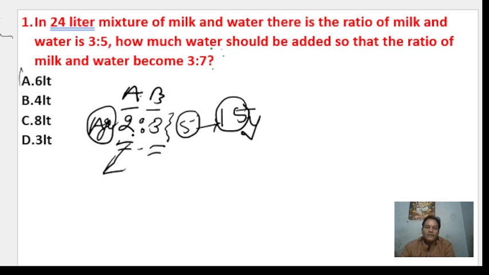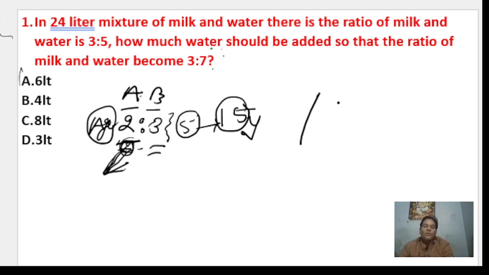And we have to find the value of 2 units because that is what the question asks. For finding the value of 2 units, firstly you have to get the value of 1 unit of the ratio. How do we get the value of 1 unit? I think you know this is the unitary method.